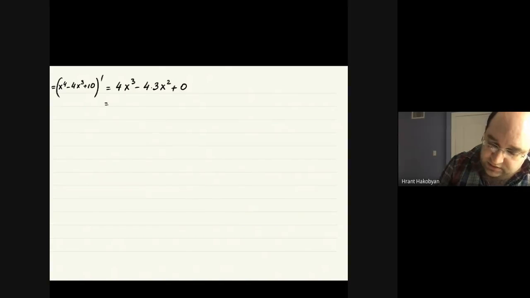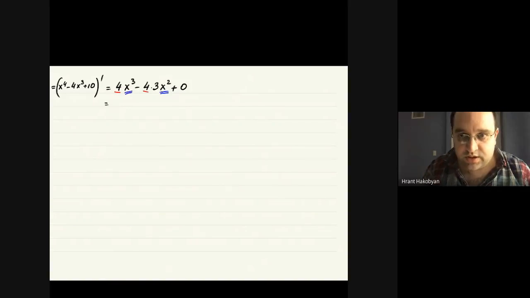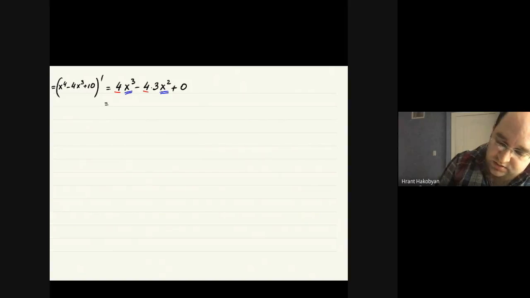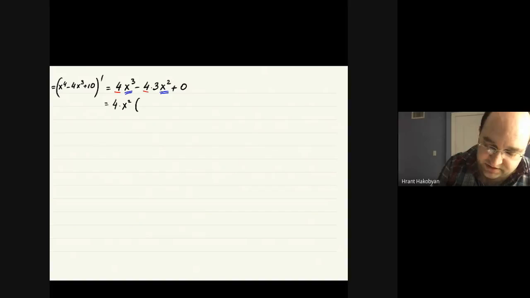We can factor out 4, because there is a 4 here as well. And also we can factor out x squared, because there is x to the power 3 here, and that has 2 x's there. So let's factor these things out. I have 4, then I have x squared. What do I have left from the first term? Just x, right?